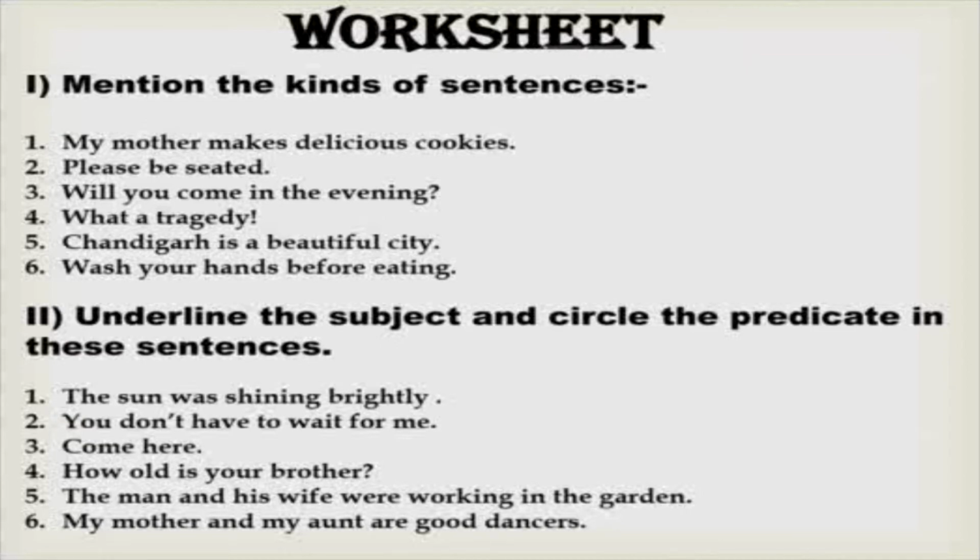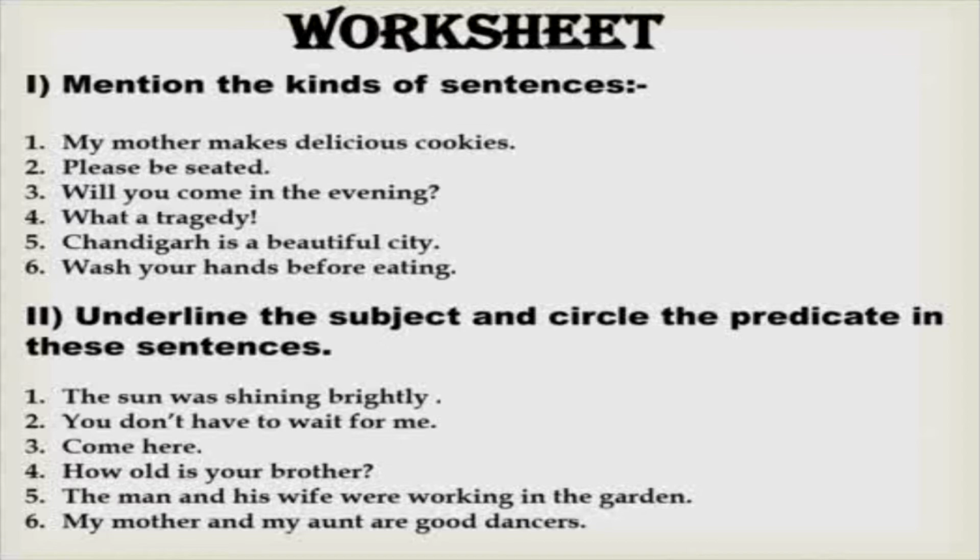So, you already know how many kinds of sentences are there. So, how you will do? You will first write the heading. Then, you will write the first sentence. I will give you one example. My mother makes delicious cookies. Okay? So, you will write the sentence and then in the next line you will write what kind of sentence it is.